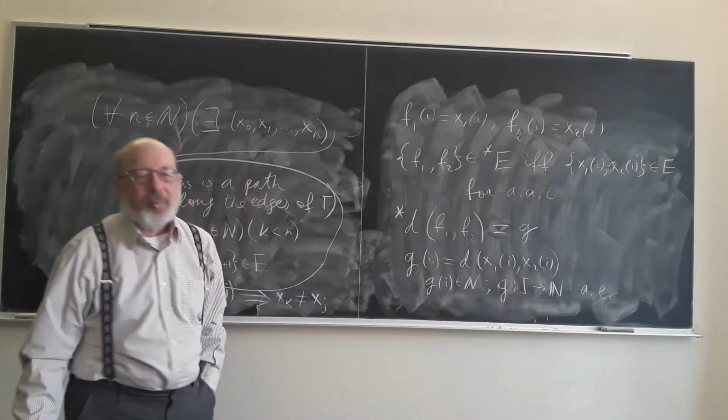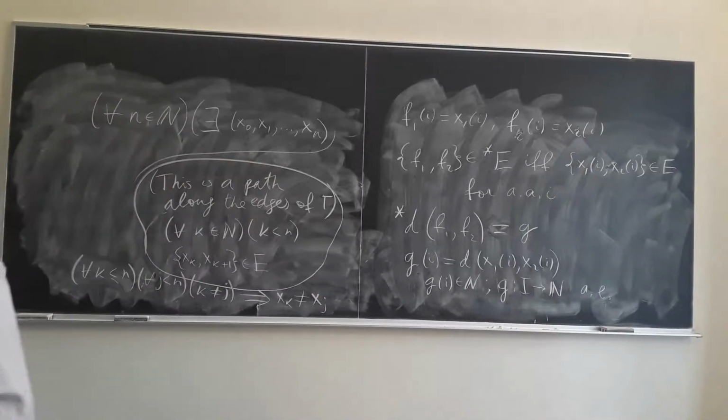Yeah? So this is a path without loops. Now if we have a loop, we erase it. So it is a path without repetitions.